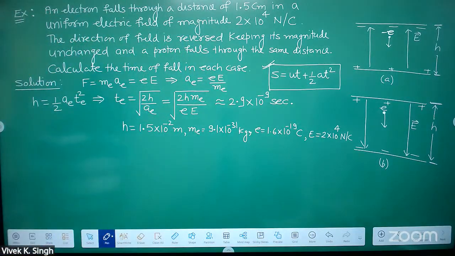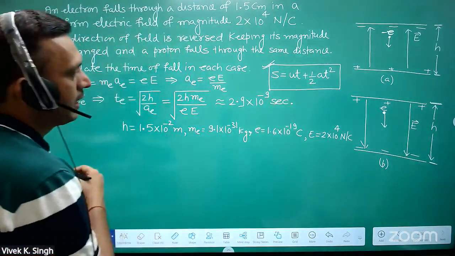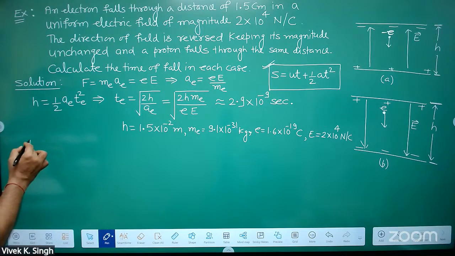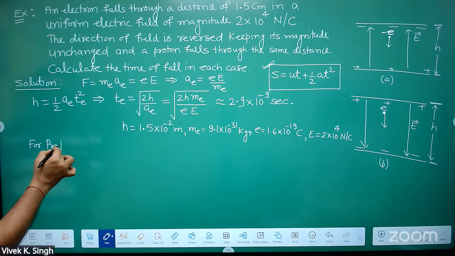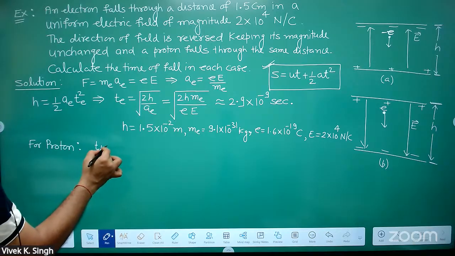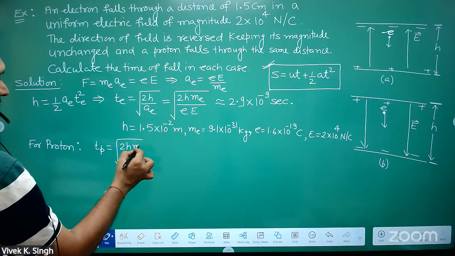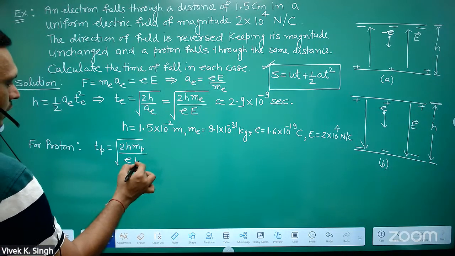Now same thing if you calculate for proton, time taken will be twice h mp by eE.